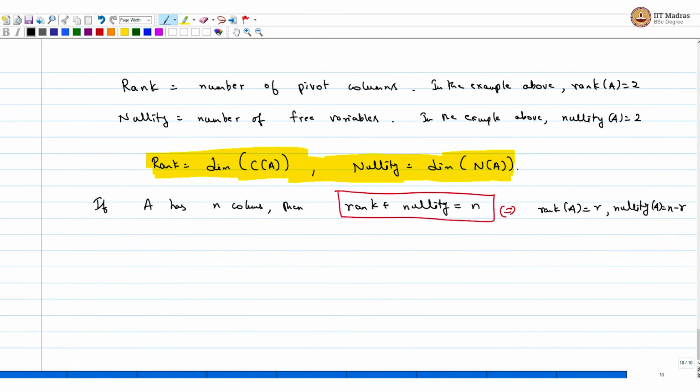The other space is the row space. The next space that you have to look at is the row space, and this is nothing but the column space of A transpose, or equivalently, the span of the rows of A. So the row space of A is equal to the column space of A transpose.